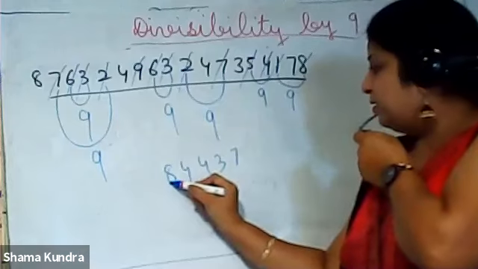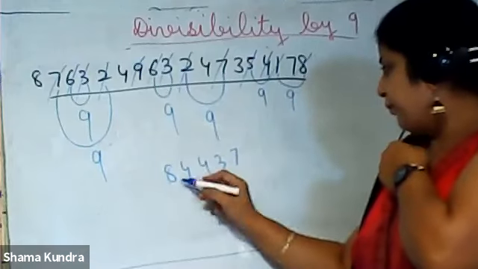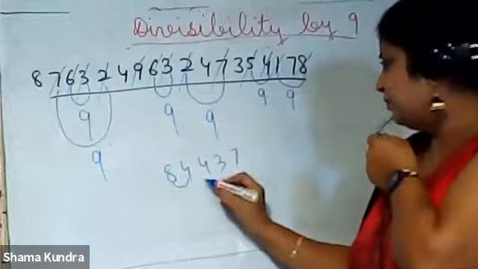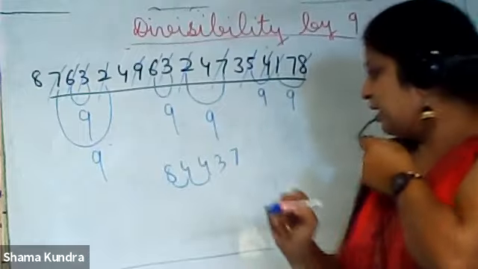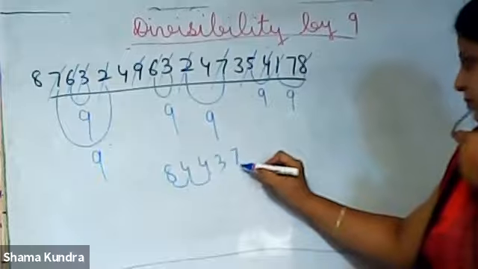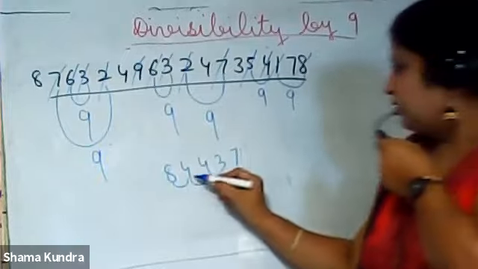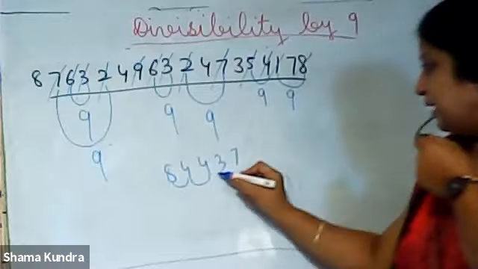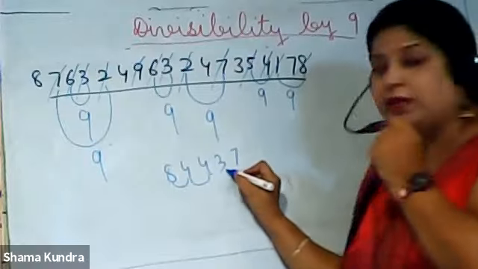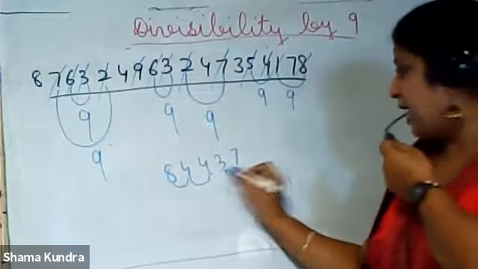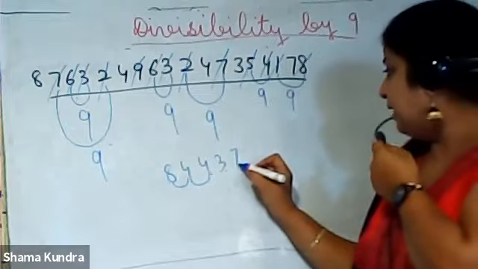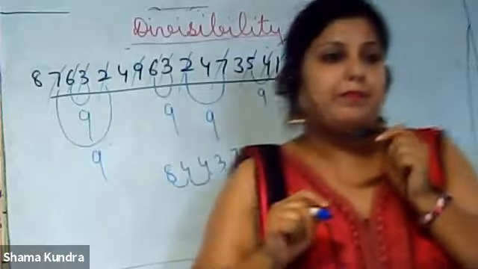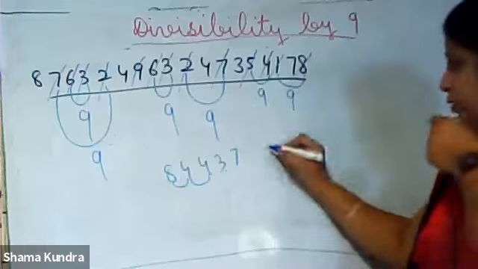Now 8 plus 4, it will be 12. 12 plus 4, it will be 16. 16 and 3, it will be 19. 19 and 7, 26.